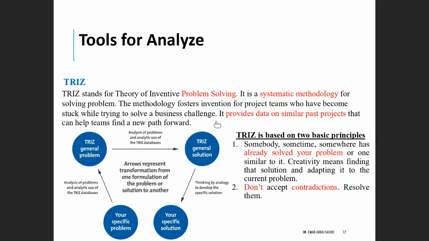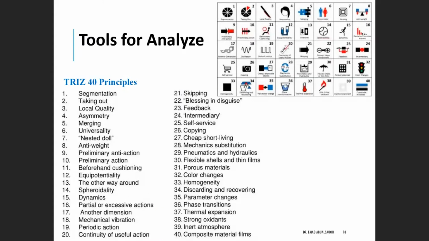We are talking here about 40 general solutions. And it doesn't mean that when you know it, you are going to implement it exactly to solve your problem. It needs, as we said, innovation and creativity. So going over them in detail will not mean that it will solve any problem you face.